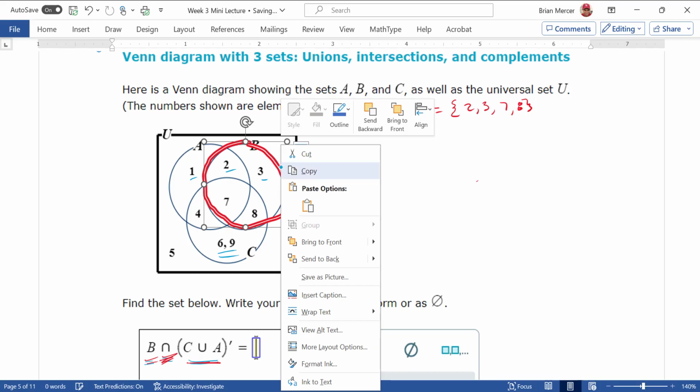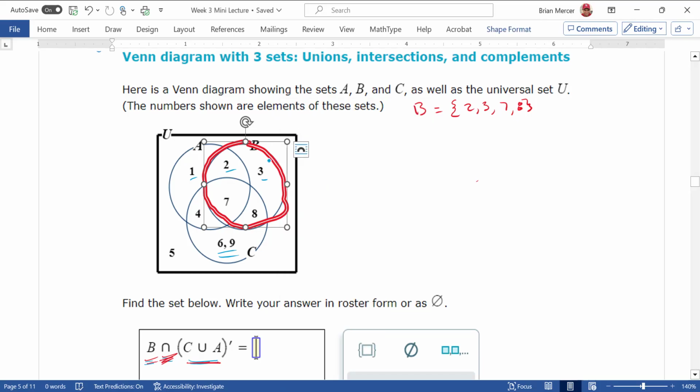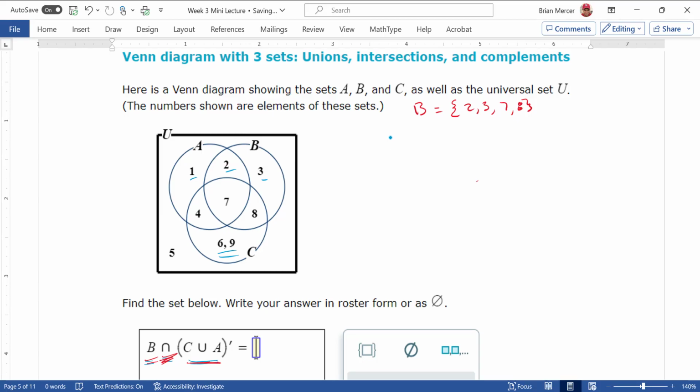So the union of C and A, let's focus just on that. Looking at this diagram, there's A and there's C. The union of C and A would be everything inside there.